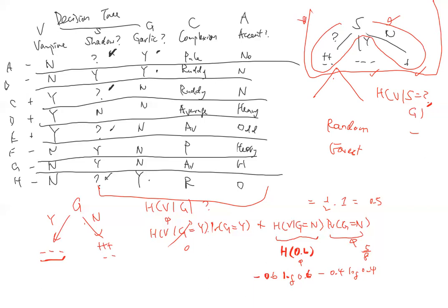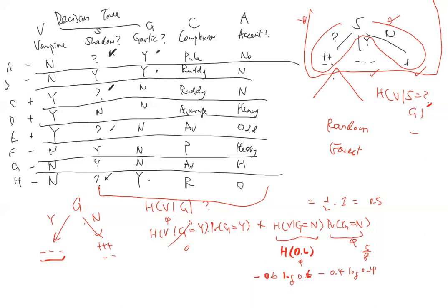Then when we do the classification, we can just use a majority vote. Maybe we have 100 trees there, and we see what the decision was, what the majority vote is. For example, maybe 70 of them say it's a vampire, and 30 of them say it's not a vampire.